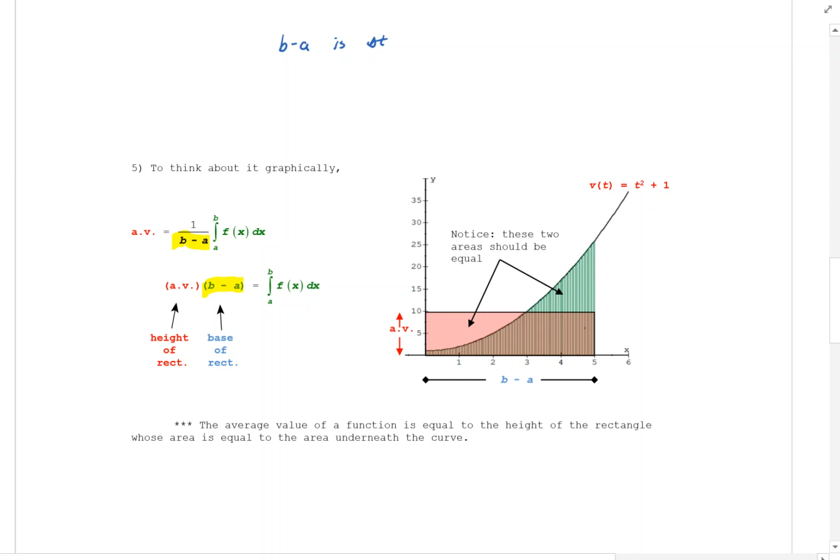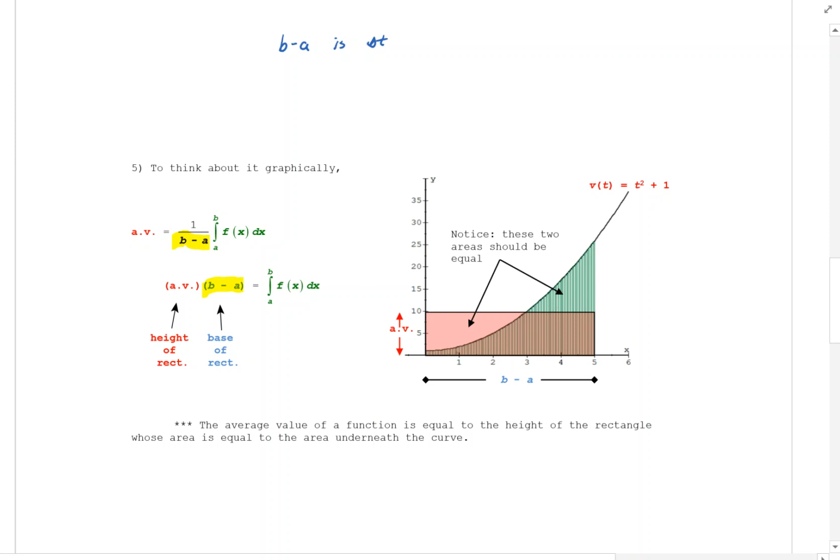Well, if I rewrite this, this average velocity is the height of the rectangle. The base of the rectangle is b minus a, and that's equivalent to the value of the integral.